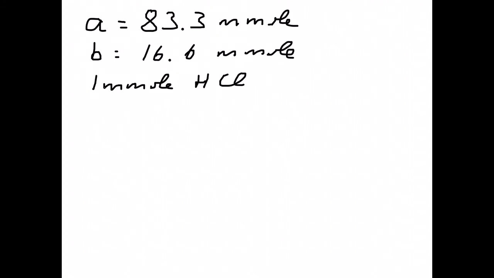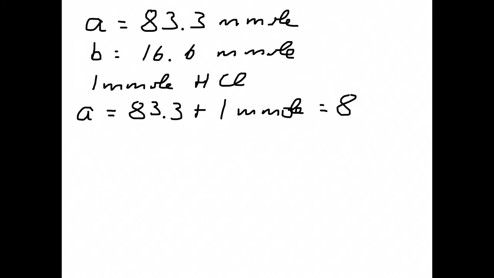And if we add 1 millimole of hydrochloric acid, we would get a new acid is 83.3 plus 1 millimole, which is 84.3, because the acid content increases, whereas the base content 16.6 decreases.